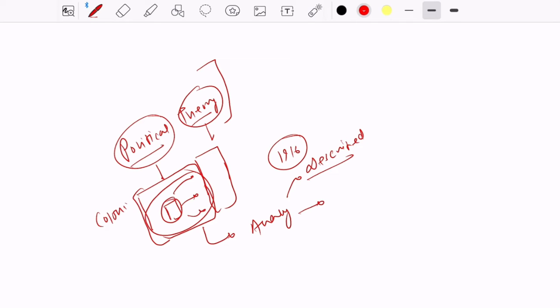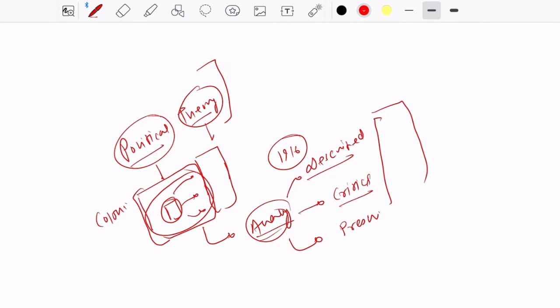Then he criticized that they are doing bad things. So criticism. After criticism, he gave certain prescriptions, like what should we do right at that particular time, what should Indians do at that time. So he did three things: description, criticism, and prescription. This was his theory, his methodology.